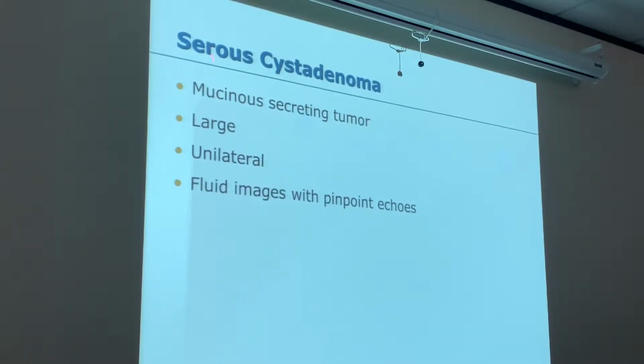Serous cystadenoma does not put out mucinous secreting fluids. It's serous fluid, okay? They're large, they're unilateral, and with a serous cystadenoma, you have to find the echogenic foci that goes with that.